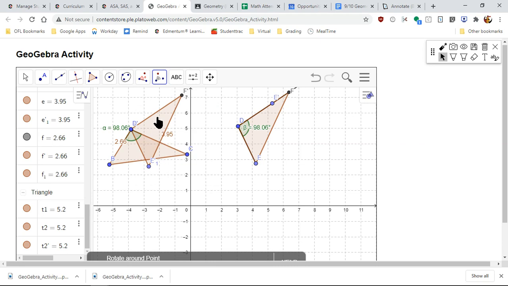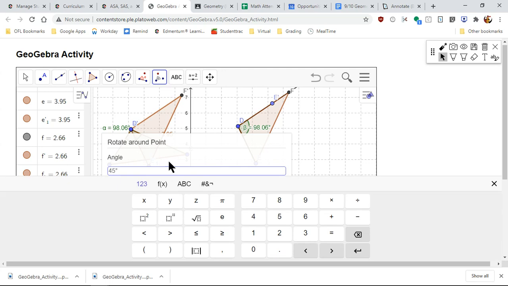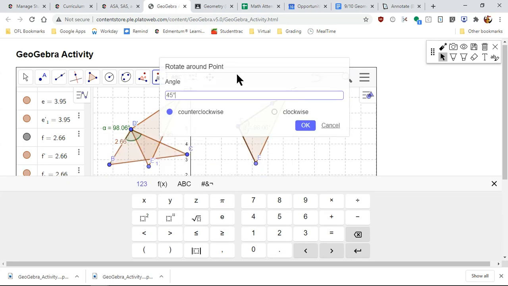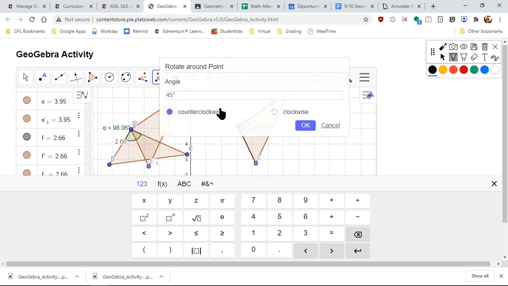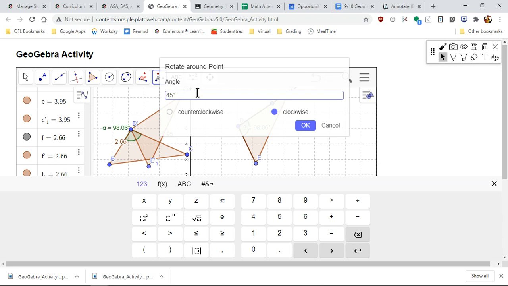I really wish there was a way you can kind of play with this a little bit. So I'm going to rotate the shape about this point. And I want it to go clockwise. So let me go clockwise. I'm going to guess about 90 degrees.